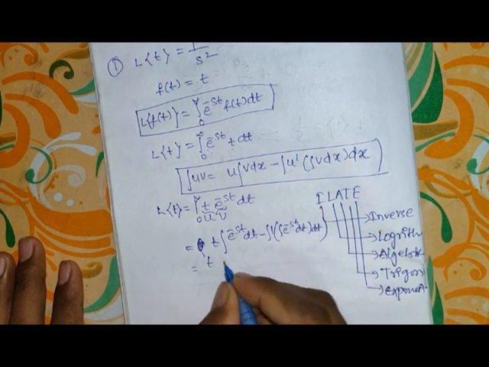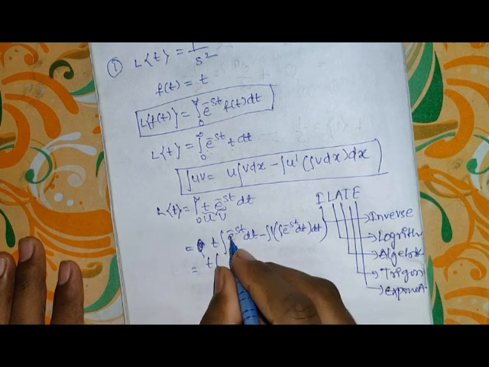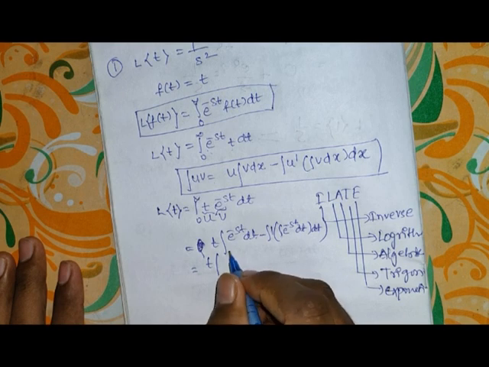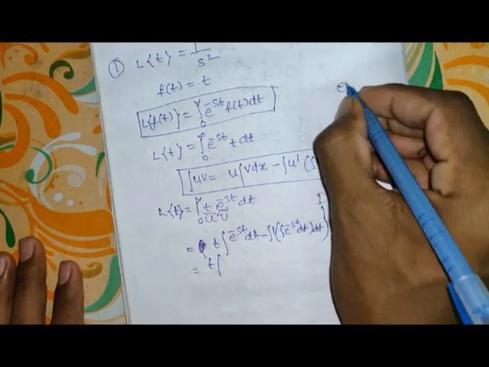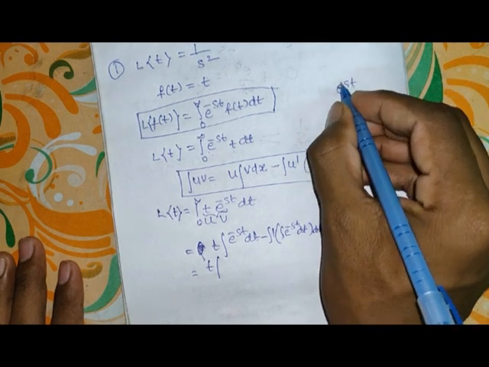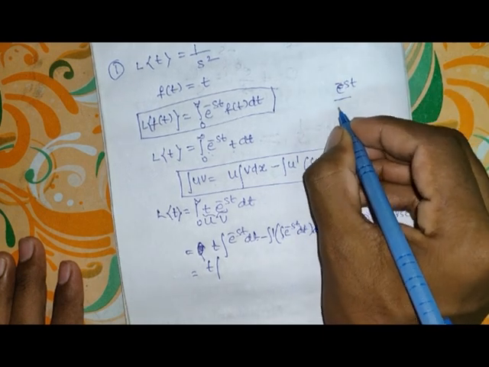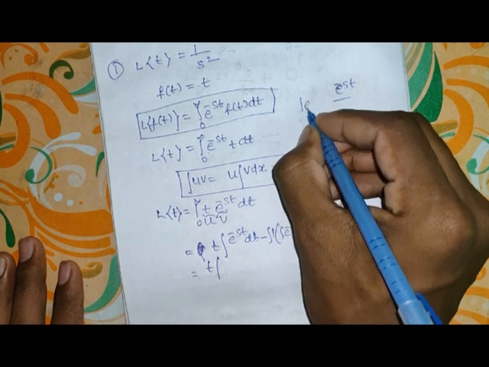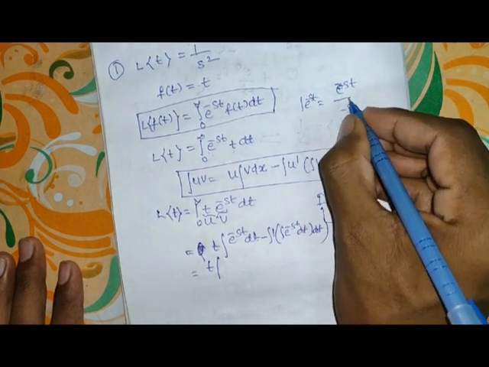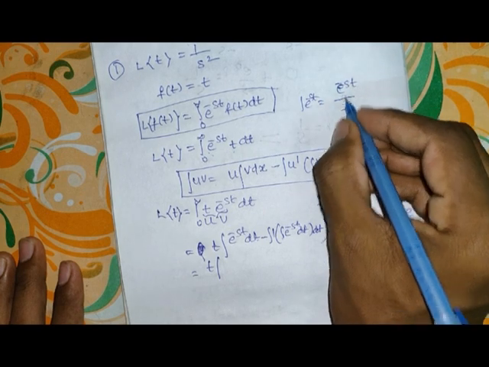Now we are going to solve e^(-st). Integration of e^(-st), already I told you the formula: integration of e^(-st) equal to e^(-st) by minus s. What is the coefficient of t?